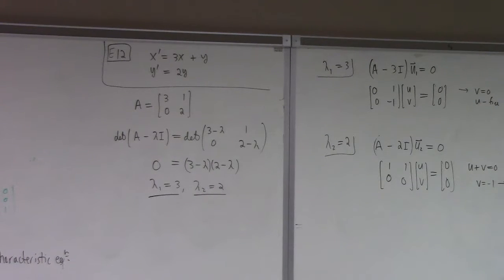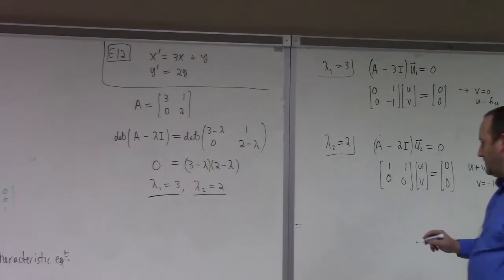And then following my template, I have x1 is equal to e to the, what was it? 3t, 1, 0, and x2 is equal to e to the, what was it? Oh, 2t, 1, -1.